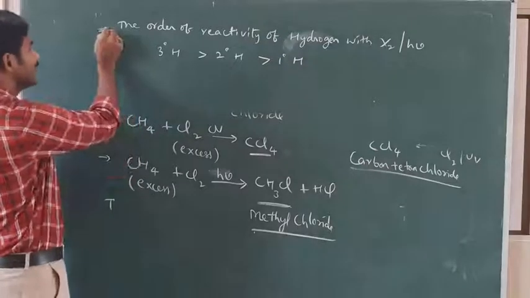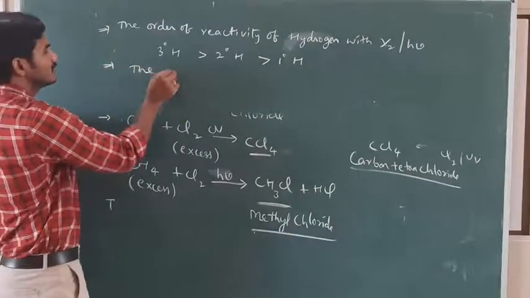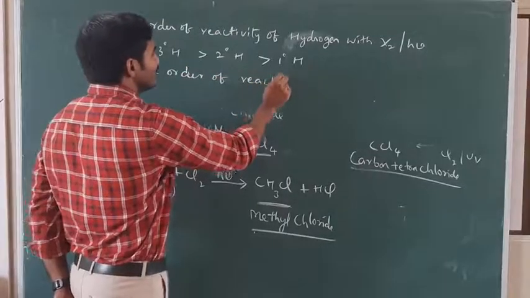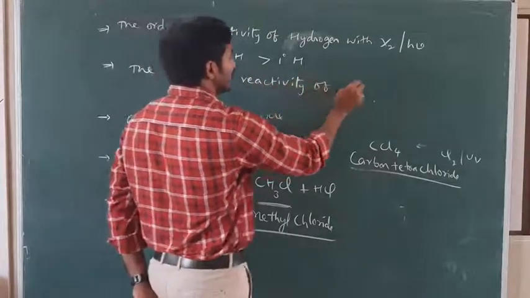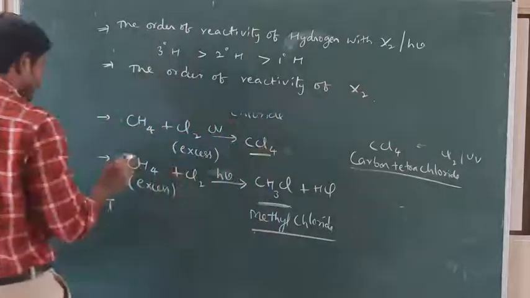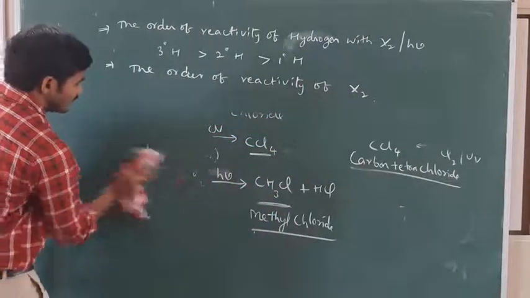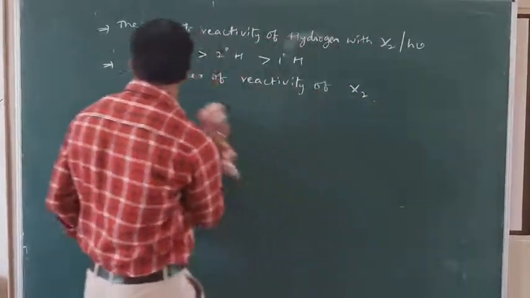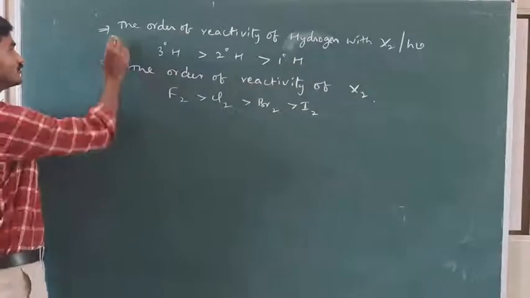The second order is the order of reactivity of halogens. Which halogen can easily be involved in free radical substitution? Fluorine is more reactive than chlorine, then bromine, then iodine. So these 2 points are important.